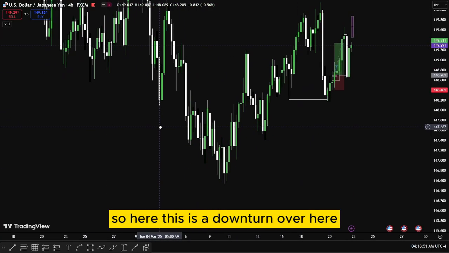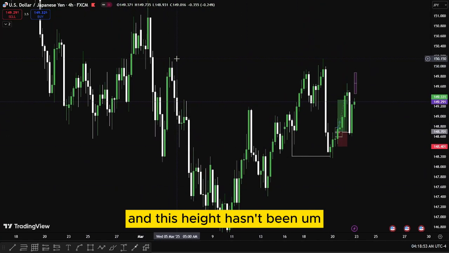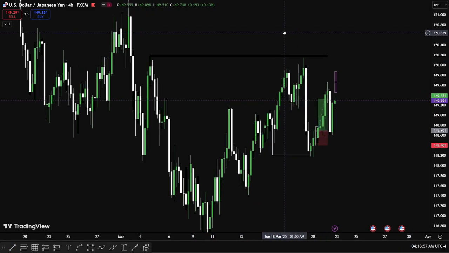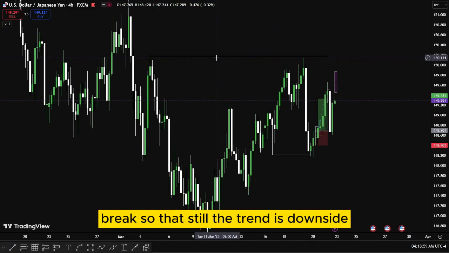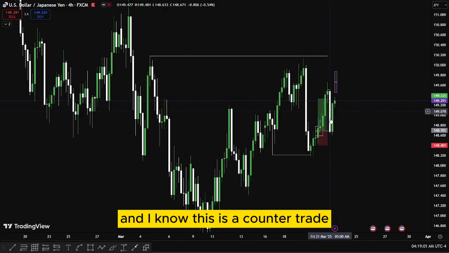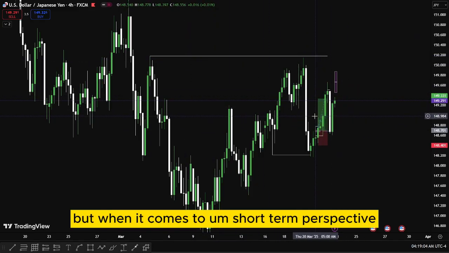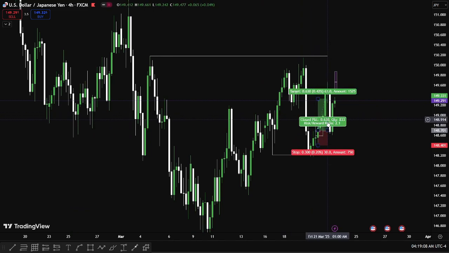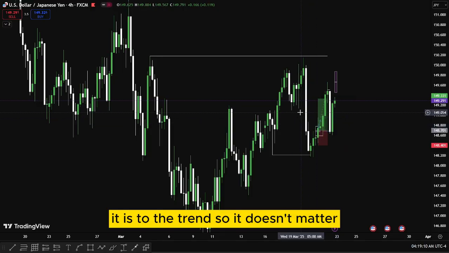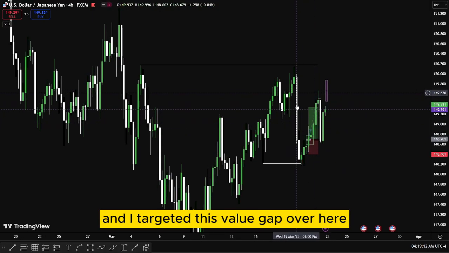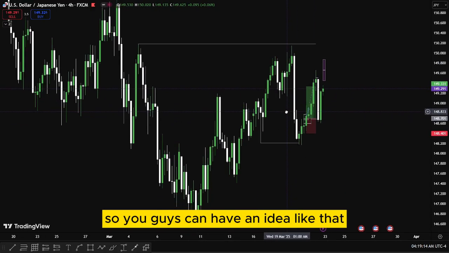So here this is a downtrend, and this high hasn't been broken, so that means the trend is still downside. I know this is a counter trade, but from a short term perspective, it is with the trend, so it doesn't matter. And I targeted this fair value gap over here, so you guys can have an idea like that.